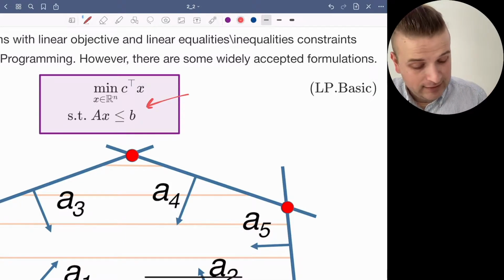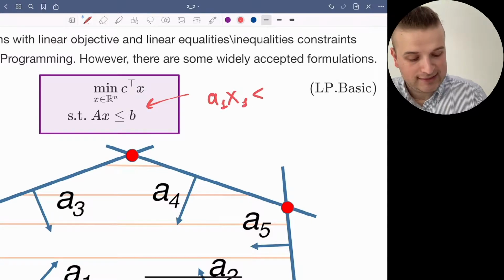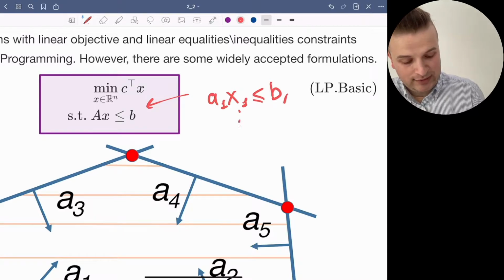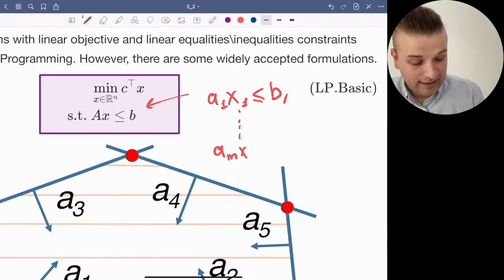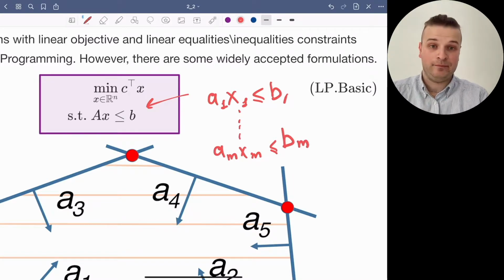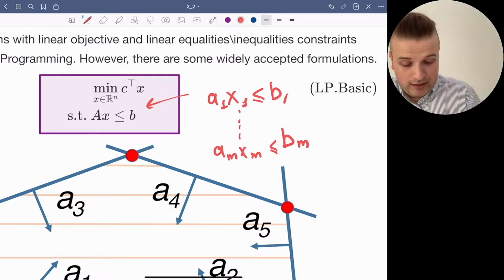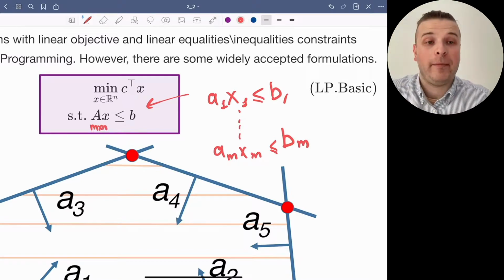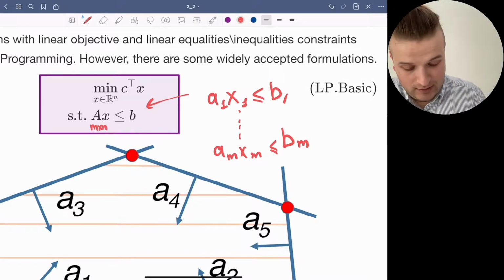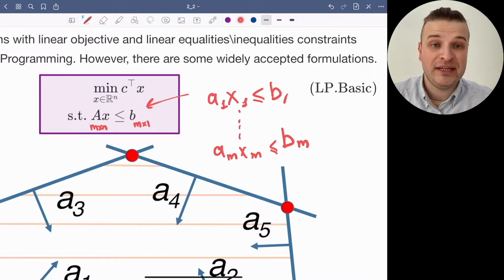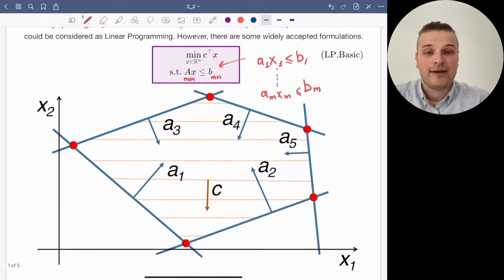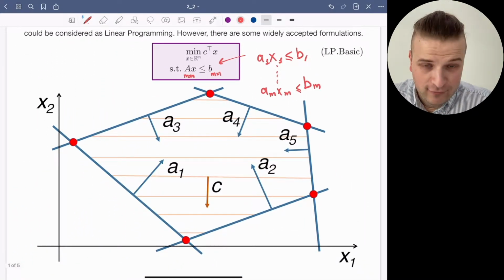Let's say we have some a1 x1 less or equal than b1, and so on, am xm less or equal than bm. That's it. And typically we have this n-dimensional vector x and an m times n matrix A, as well as an m-dimensional vector b. So that will be our linear programming in basic form.